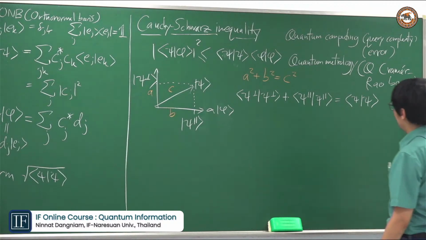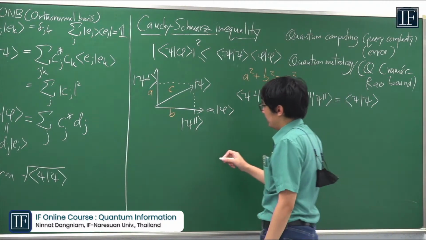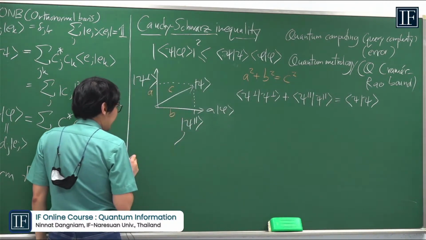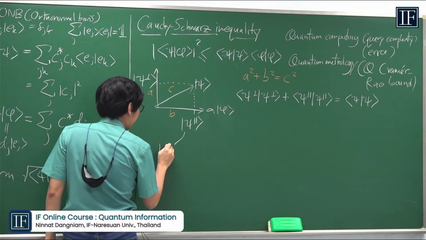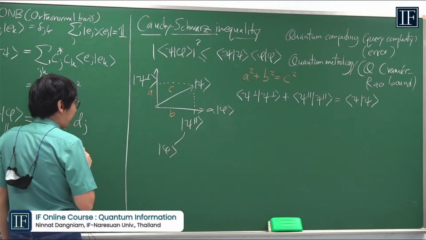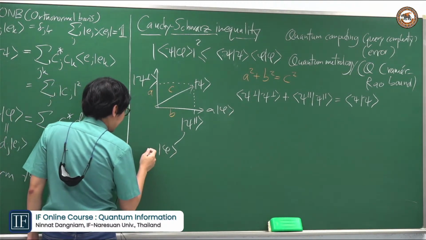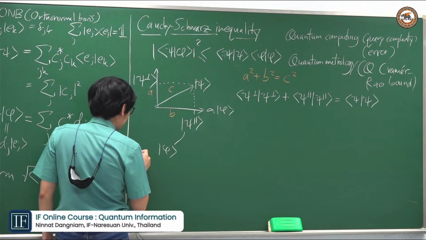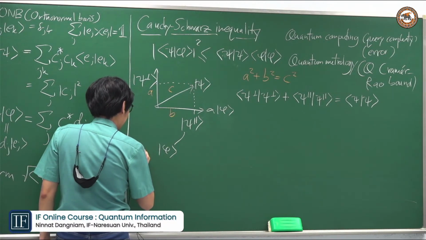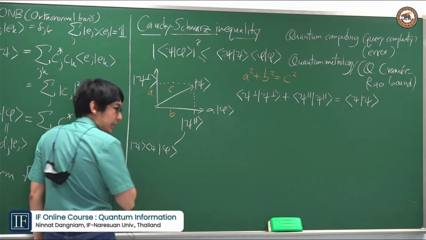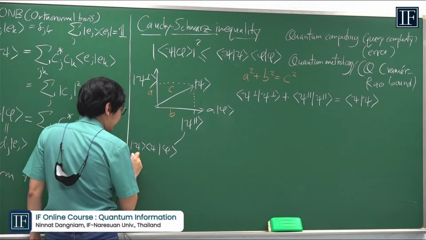Okay, so what is this? This is in the direction of phi, but then you project it, right? So basically you act on it with the projector here and then normalize it.